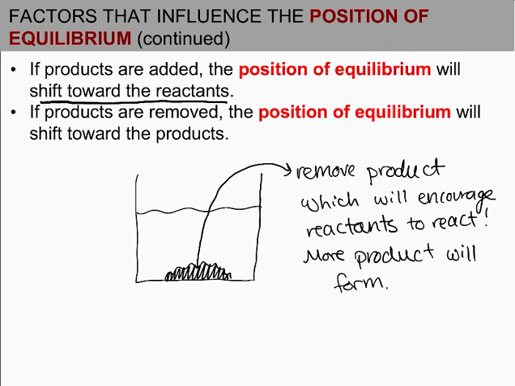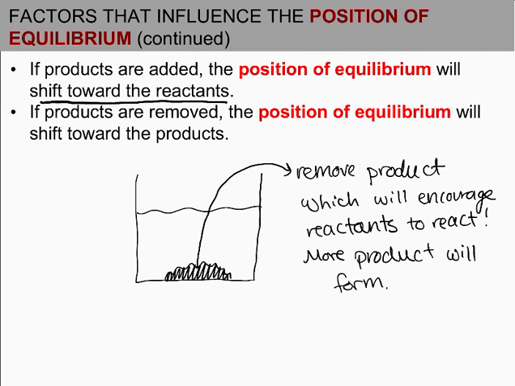So this is one way that you can manipulate a reaction to kind of get what you want. For instance, let's say the percent yield of this reaction is only 20%. So you're only producing 20% of the product that you could produce. That could be because of the equilibrium that is established in solution. So again, what you might do is set up a way to remove the product as the reaction proceeds.